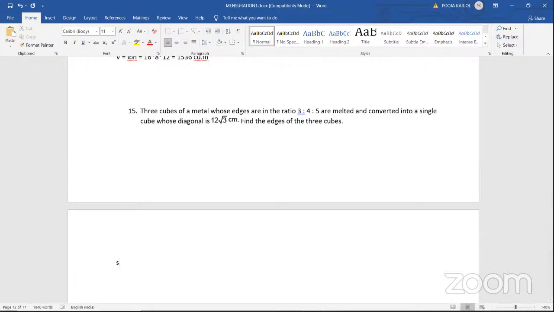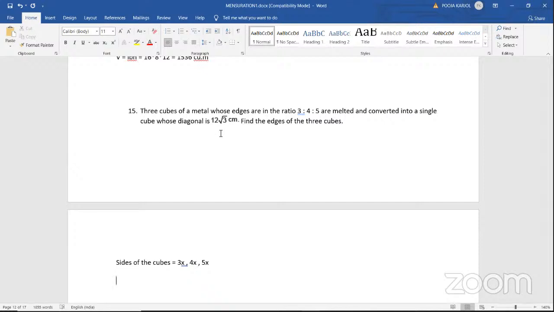Now, the edges of the cubes are 3x, 4x, 5x. What about this cube? The diagonal they have given. For the diagonal of a cuboid, what did we get? The formula was under root L square plus B square plus H square for a cuboid.